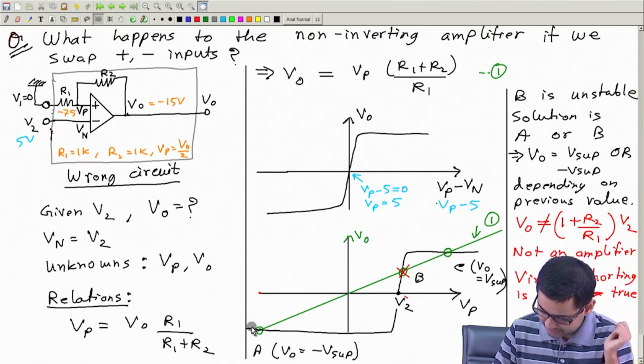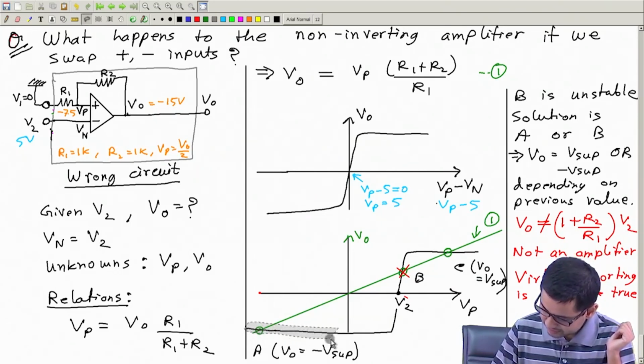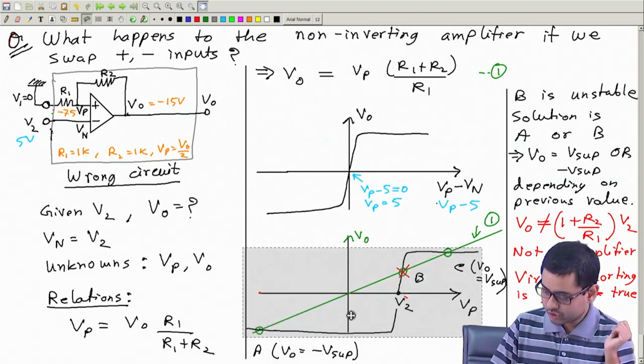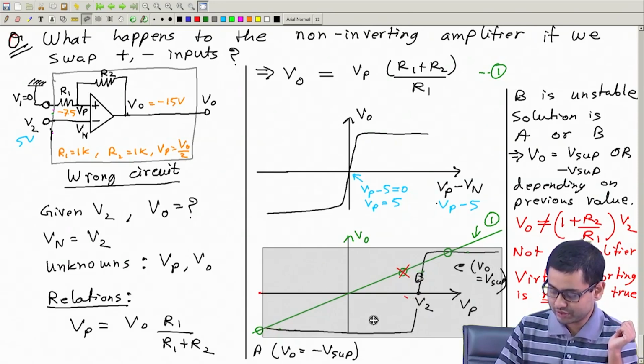I'll show you like this. Let me copy this black line. Now I'm increasing V2.